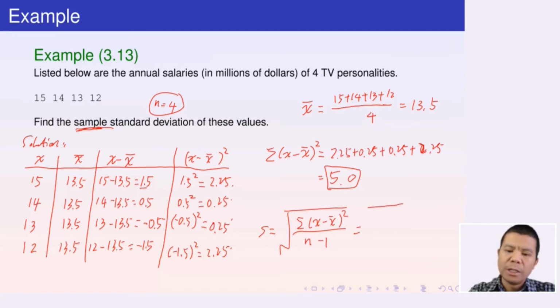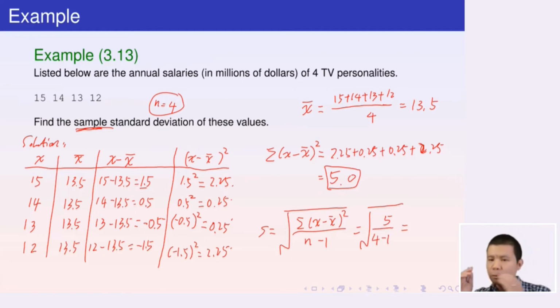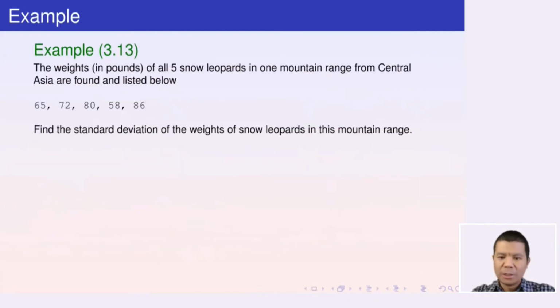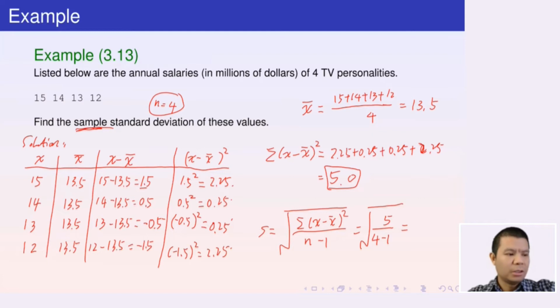So we plug in here: on top is 5, and here is 4 minus 1. And you can use a calculator to find this value. What did you get using the calculator? Can you please find it? So it is the square root. Let me just use the calculator here.